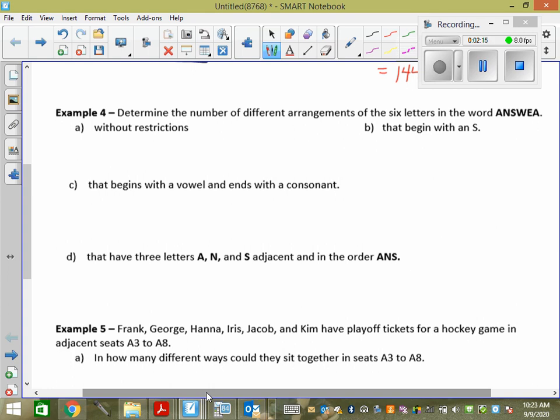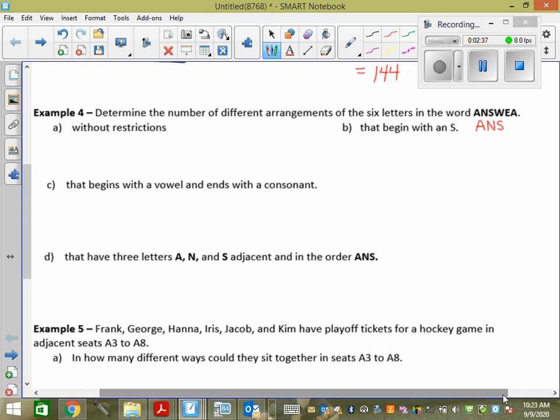It's a great word. So what do we do when we get a word first? Always, and if you do this every single time, I promise you on the test you will remember to divide by the factorials because there's double ups and triple ups: rewrite the word and stack letters when they double up or triple up. So we go A, N, S, and I keep writing them because I haven't doubled anything yet.